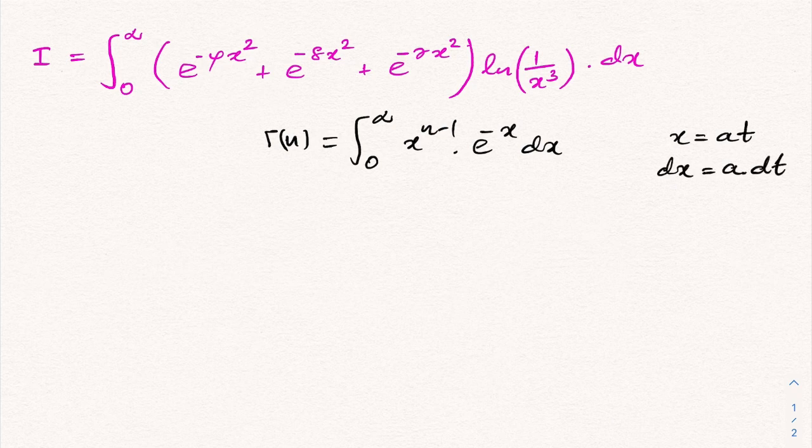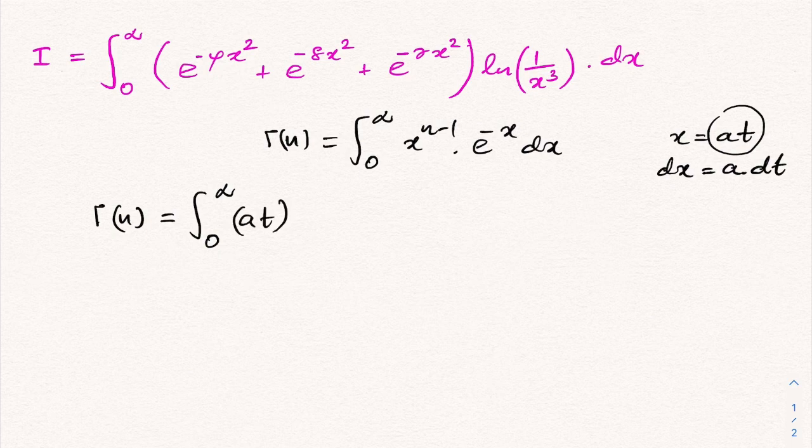So we can write gamma of n is equal to, limits we know also 0 to infinity, x we have a times t, so a times t raised to the n minus 1 times e to the minus a times t, and dx we know a times dt. Okay, let us simplify.